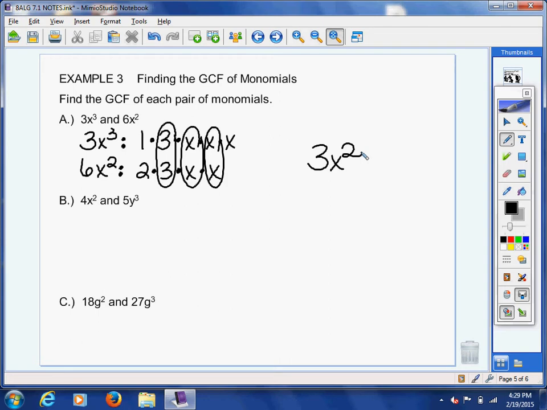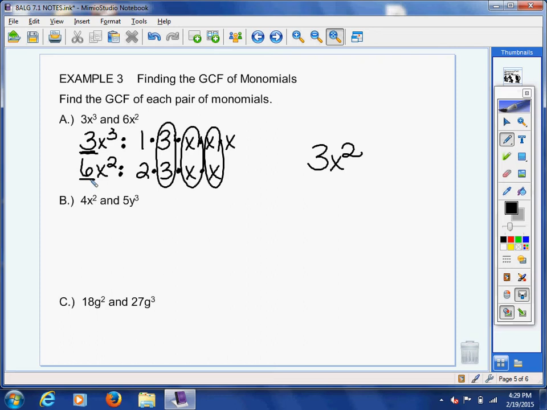So anytime I see the coefficients 3 and 6, the lower number, I ask myself, is 3 a factor of the bigger number, 6 in this case? And the answer is, why, yes it is. So the GCF would be 3, okay? 3 is a factor of 3, and 3 is also a factor of 6. So you can do that mentally.